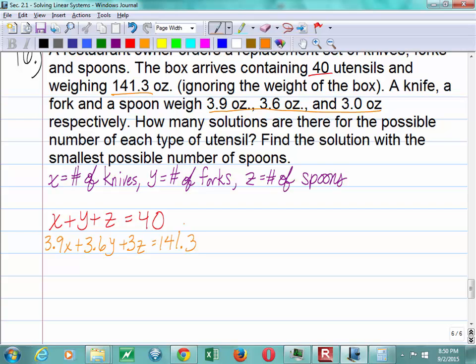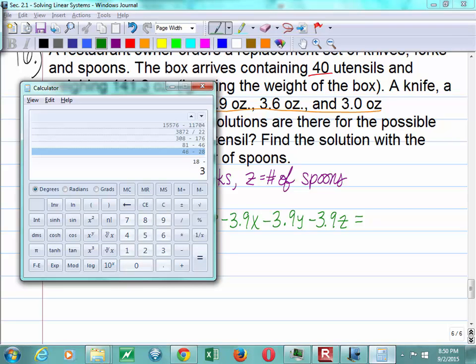Alright, so I guess let's just start off by eliminating the x. So to eliminate the x, I would multiply the first equation by negative 3.9. So that would give me negative 3.9x minus 3.9y minus 3.9z equals negative... 40 times 3.9.